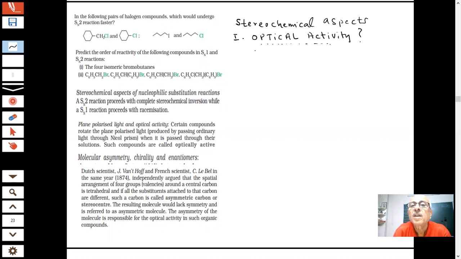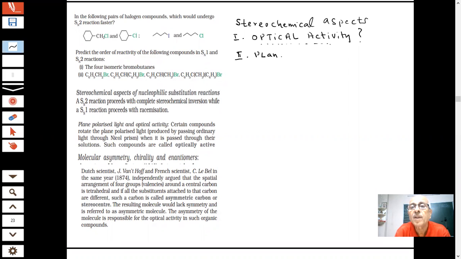It was found by Van 't Hoff that when a tetrahedral carbon is attached to four different groups, these compounds are optically active, rotating the plane polarized light either clockwise or anti-clockwise. So we must first learn what a plane polarized light is.